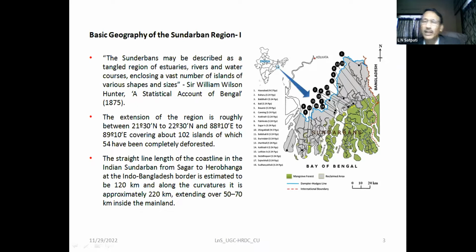So the embankments are still the lifelines of the entire Sundarban, particularly in the active delta region. And these embankments not only serve the purpose of barricading the saline water, they are also the lines of communication, because they are the transport lines as well.